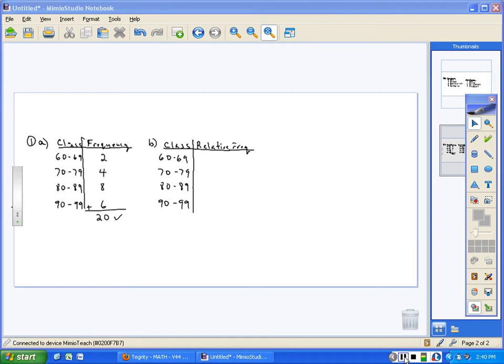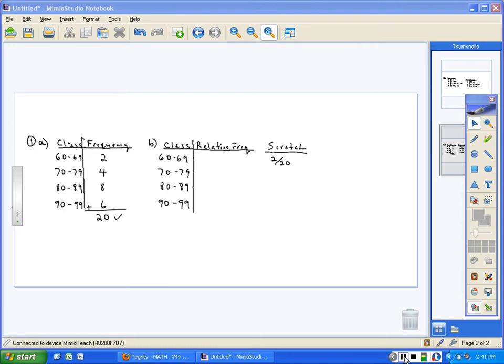To find the relative frequency, I'm going to do the scratch work over to the side here. You need to divide each class frequency by the total of all frequencies. So the first class frequency is 2, and we're going to divide that by 20.